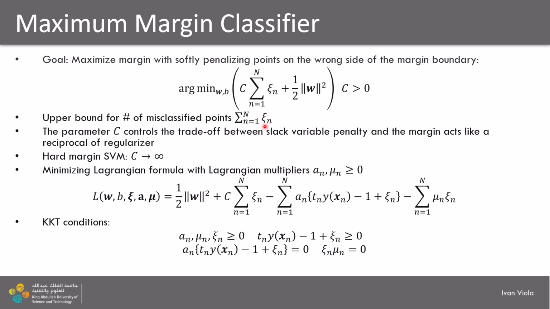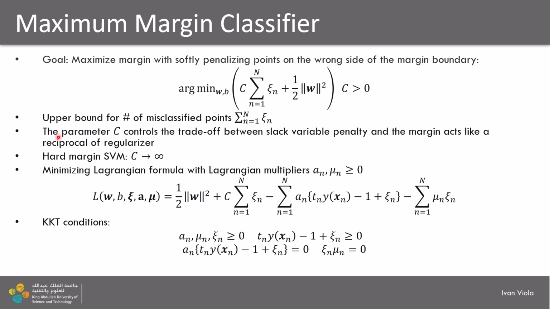So not all points, but the points which have a non-zero ξn, that will mean that we have this number of misclassified points, because each of them will be equal to 1. However, in our case, ξn is typically bigger than 1 if it's misclassified. That means that this sum is characterizing an upper bound for the number of misclassified points.